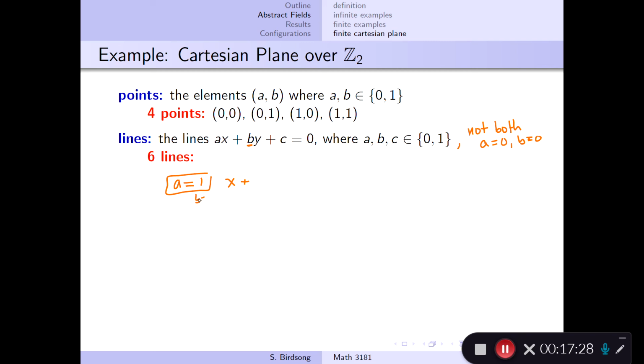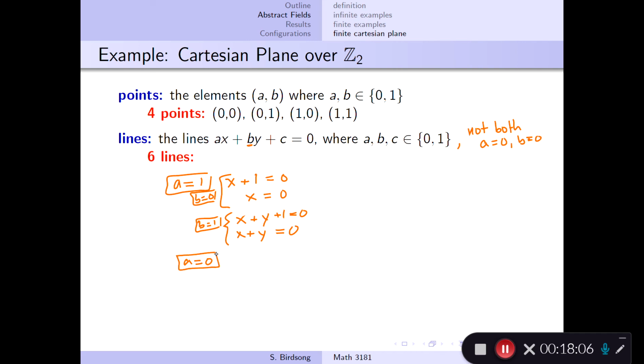So that would mean either c equals 1 or c equals 0. Then we could have the situation where b equals 1. And if b equals 1, you'd have x + y. And maybe c still equals 1. Or you can have where c equals 0. Now, next case, a equals 0.